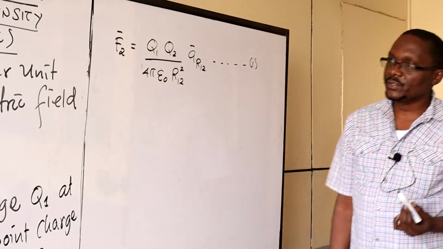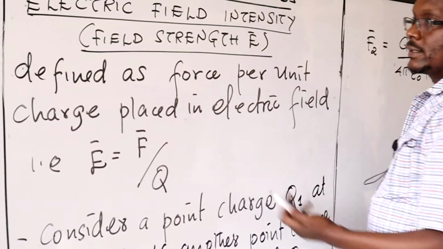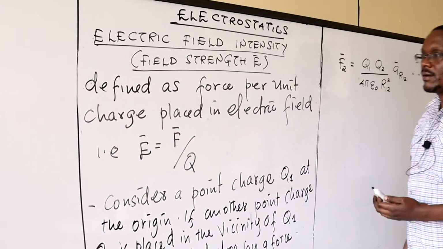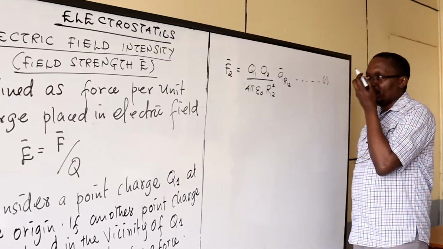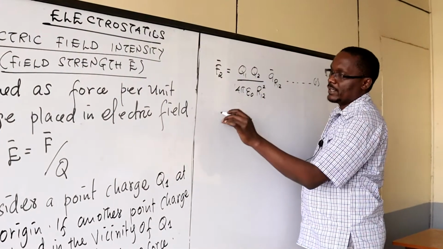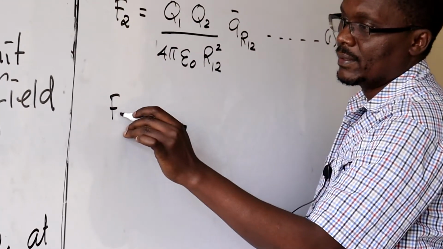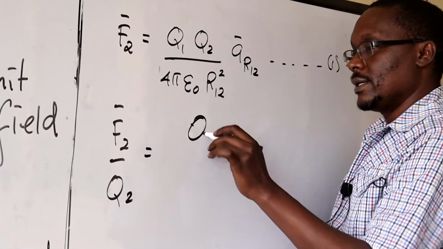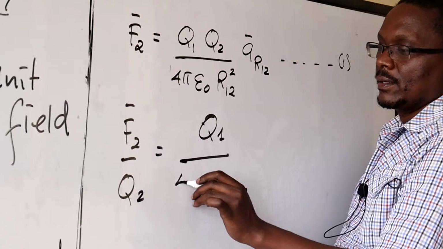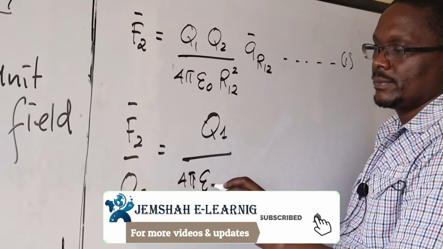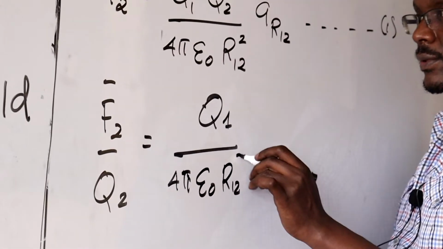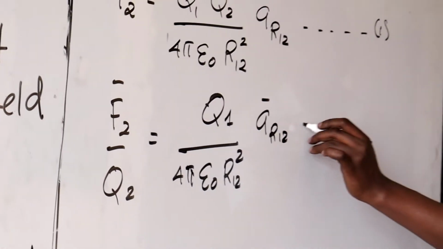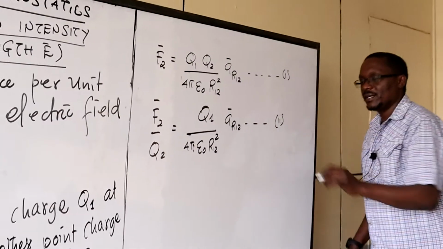Now from our definition, electric field strength is defined as force per unit charge placed in electric field. So if we divide this force by the charge, we have F2 bar all over Q2 equal to Q1 over 4 pi epsilon naught R12 squared aR12 bar. You can call that our equation number 2.